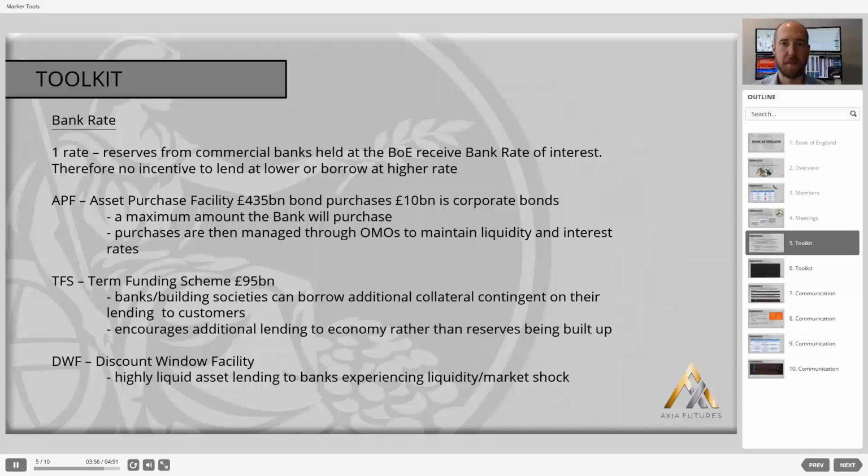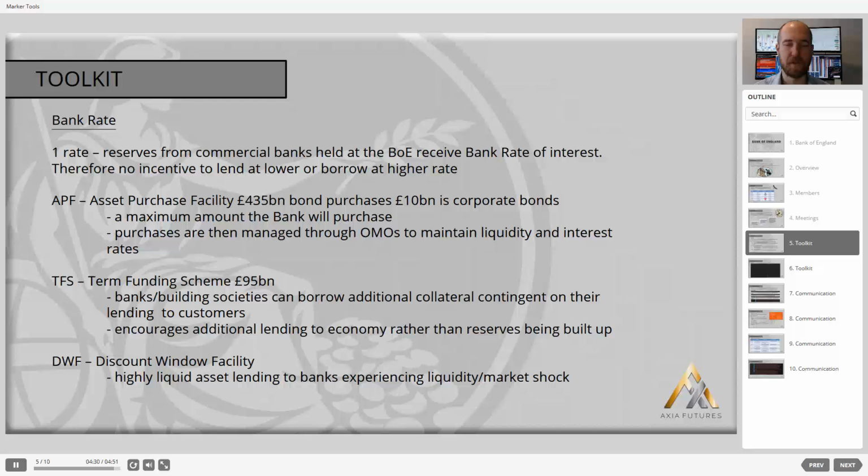So the idea here being that if there is a tightening in liquidity conditions, if banks will not lend to each other, perhaps for fear of credit or perhaps for a lack of money that people are willing to lend, which is a general tightening of credit, banks can then use their collateral, go to the Bank of England and access the discount window facility and therefore get their additional supportive cash to avert any kind of liquidity issues and potentially a bank run. So there's your four tools.